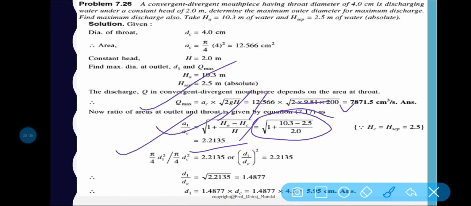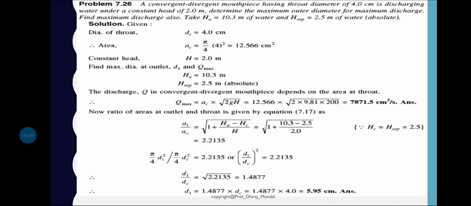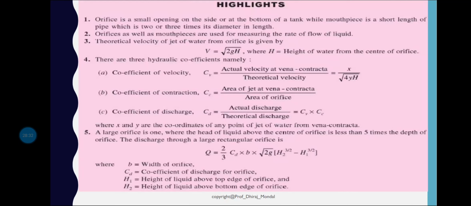Now ratio of area is equal to pi by 4 d1 square by pi by 4 dc square, and it is equal to the diameter ratio d1 by dc is equal to 1.4877. So d1 you can find out because dc you know. So d1 is equal to 5.95 centimeter. This is the answer.